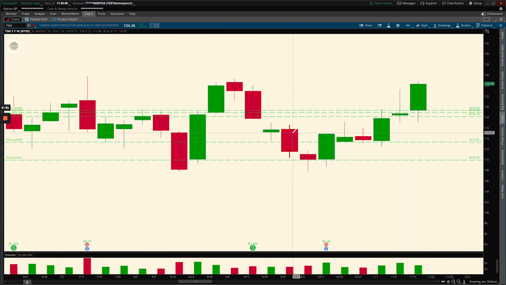So see here, you've got the body of this candle, right? Body of the candle. And you've got a meeting with the wick. So you could have the body of a candle meeting with the wick of another candle, and that counts as a level. You could also do it the other way, going up.